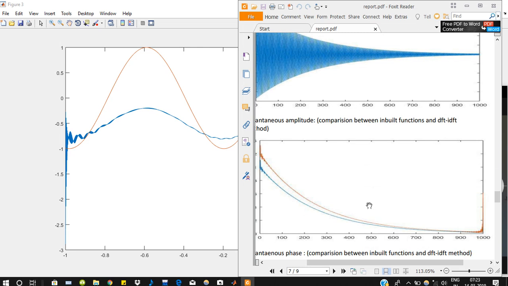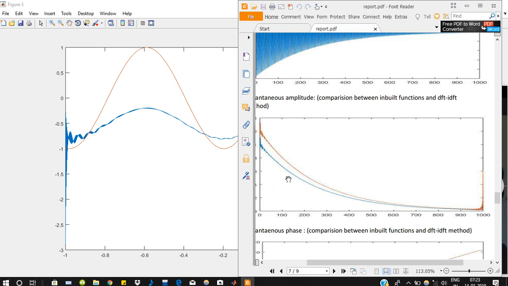Using the inbuilt functions IDFT and DFT, I have estimated the instantaneous amplitude. The orange colored curve is my implementation of the Hilbert transform, while the blue colored curve is the Hilbert transform from MATLAB itself. While plotting, I have kept a certain scaling factor so that the curves can be visibly separated, although in reality these two curves are the same.